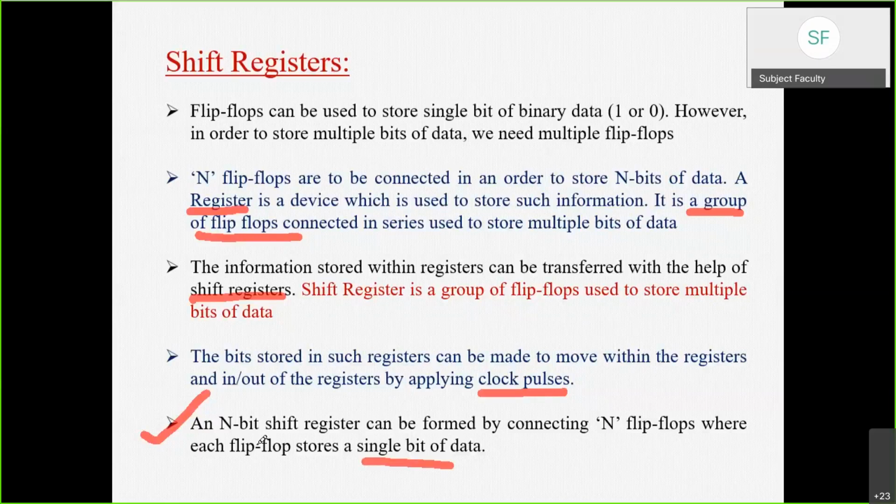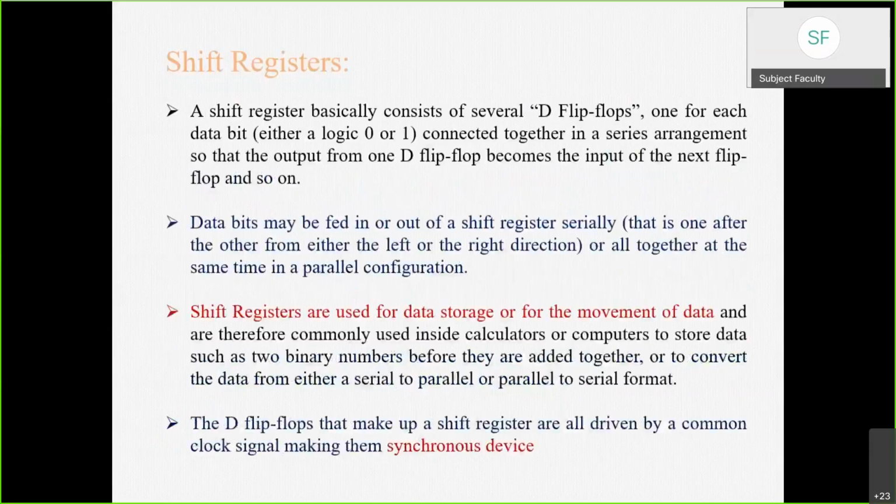Now we will see a few more points regarding shift registers. A shift register basically consists of several D flip-flops. In our discussion, we have taken diagrams in which shift registers consist of D flip-flops.